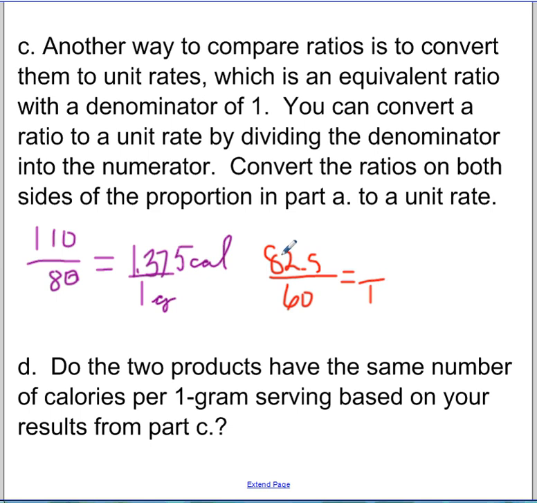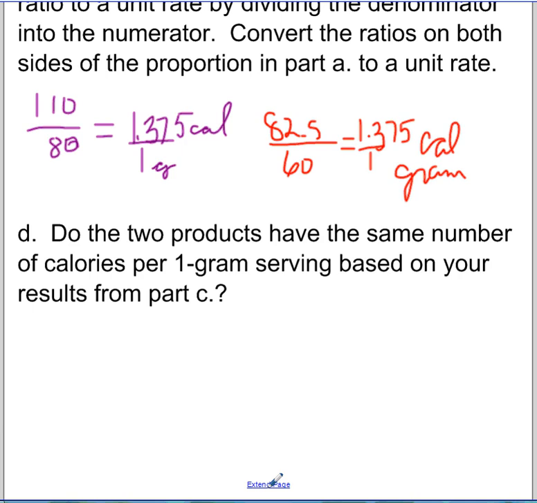And 60 divided into 82.5 also gives us 1.375. And so again, that's telling us how many calories per gram of the nutrition. And so, do the two products have the same number of calories per gram? They sure do.